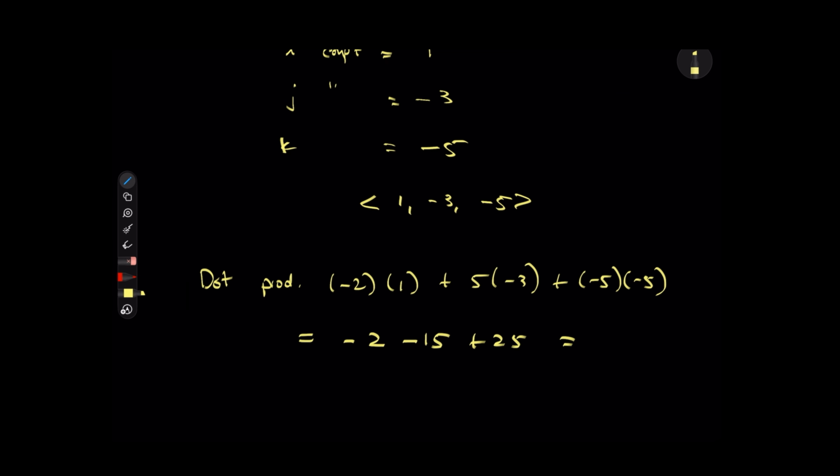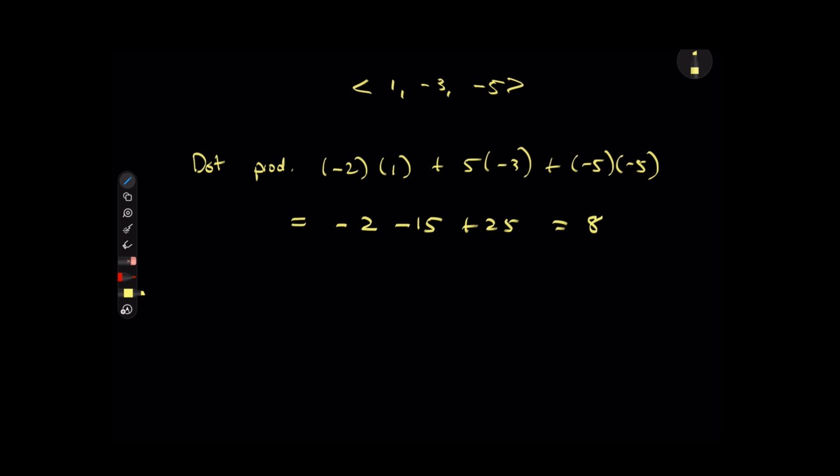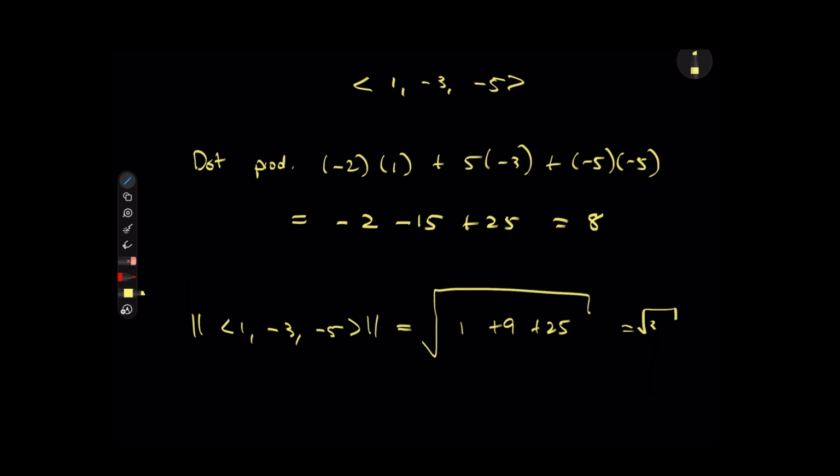So this is negative 17 plus 25, which is positive 8. Of course, on the denominator, I also have D1 cross D2, right? So I have to find the norm of that. So the norm of 1, negative 3, negative 5 will be equal to the square root of 1 squared, which is 1. Negative 3 squared is 9, and negative 5 squared is 25. So 25 and 9 and 1, that gives me 35.